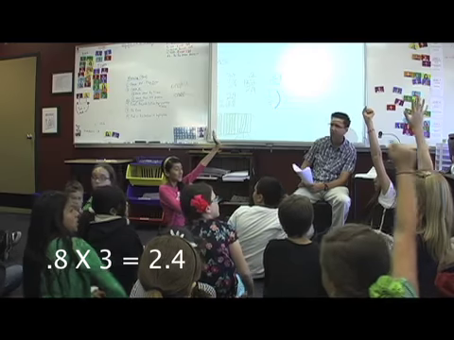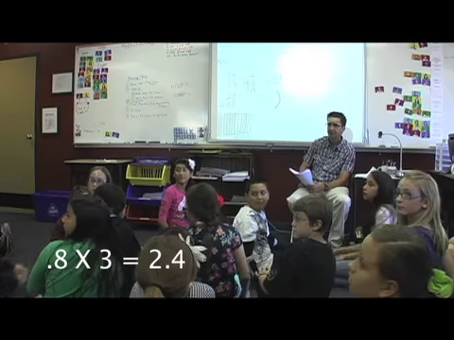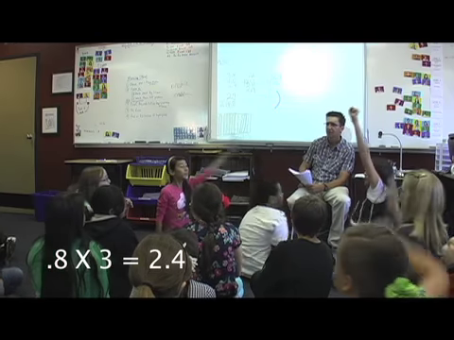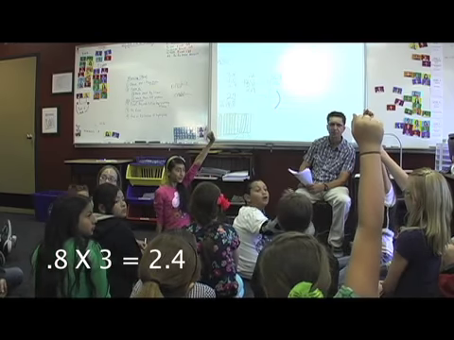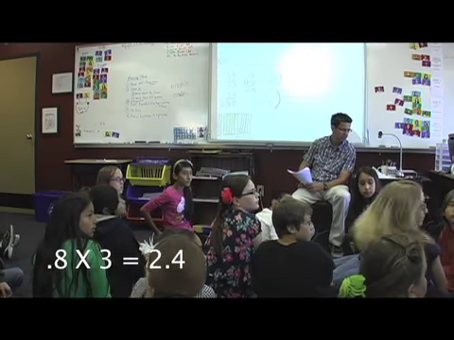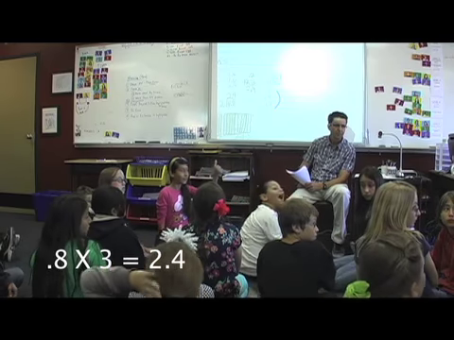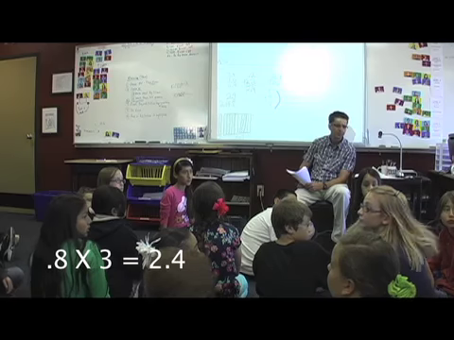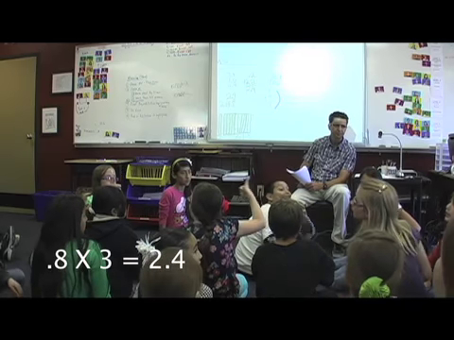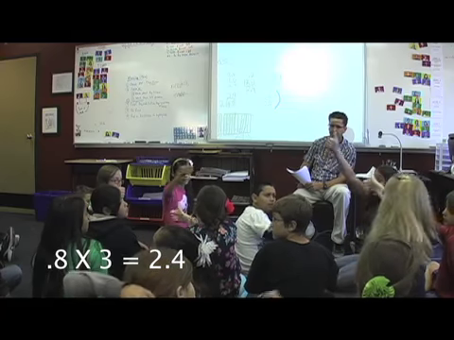You can tell him why you think he's wrong. Ben! No, let's call on somebody different. Let's get some different people involved. Ben's already been up to the board. Jose. Okay, it's yes, because it's 0.8 times 3. 8 times 3 is 24, and there's only one number after the decimal. So you move the decimal point one spot, so it's 2.4.